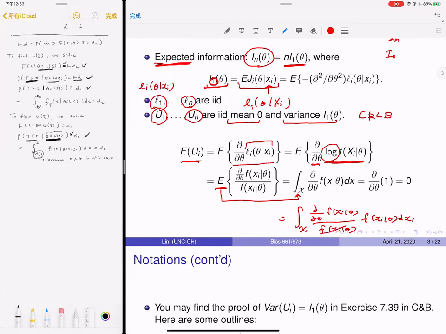Then these two guys cancel out, and it becomes this equation: the integral of partial theta f(x, theta) dx.